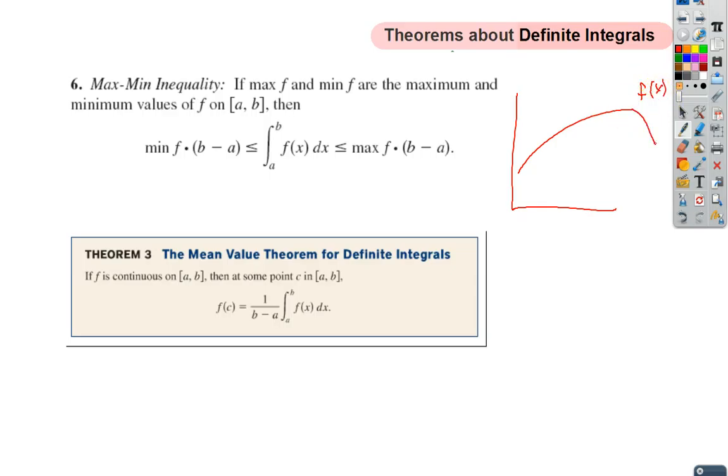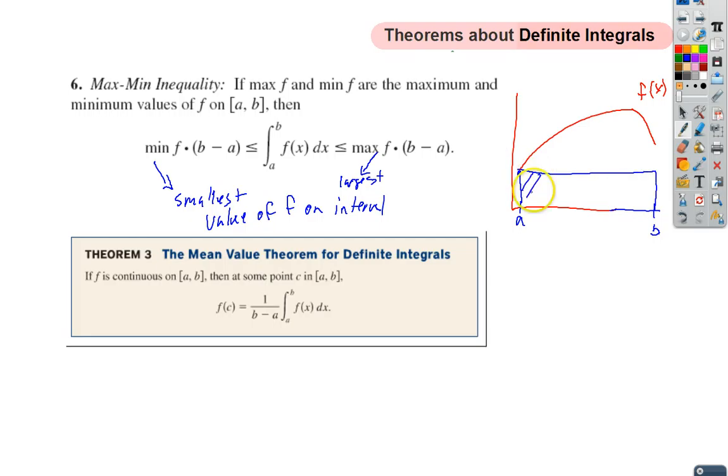Here is A, here's B. Min of f is the smallest value of f on the interval. Max of f is the largest value of f on the interval. So here it says here's my min of f times b minus a.